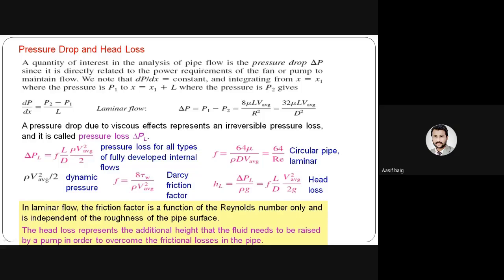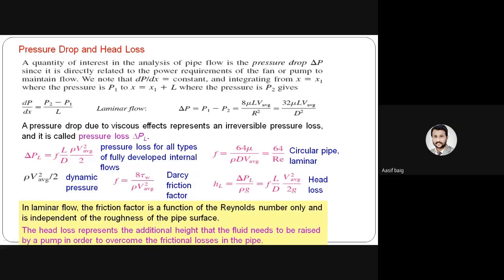We know that dP/dx equals a constant, and integrating from x = x1, where the pressure is P1, to x = x1 + L, where the pressure is P2, gives dP/dx = (P2 - P1)/L. In laminar flow, ΔP = P1 - P2 = 8 μ L V average / R² = 32 μ L V average / D².